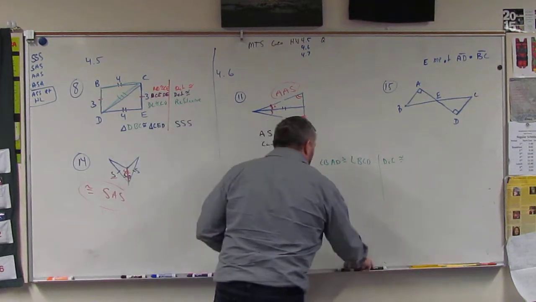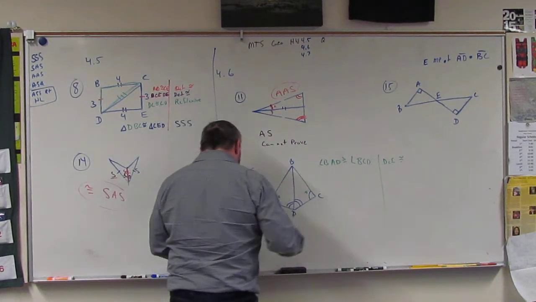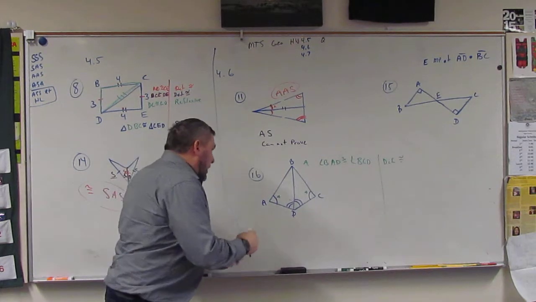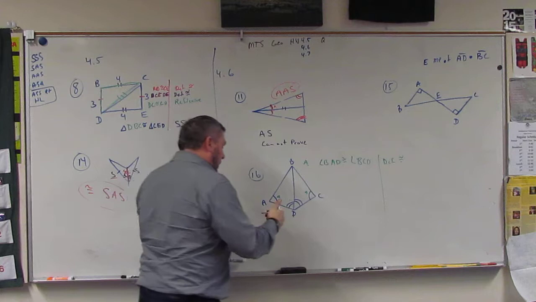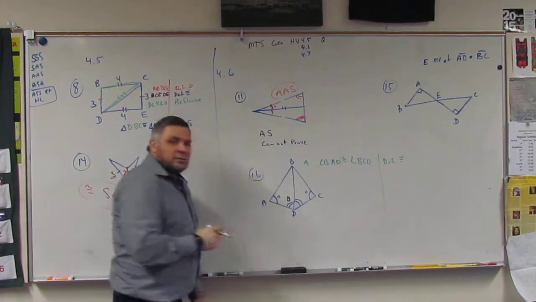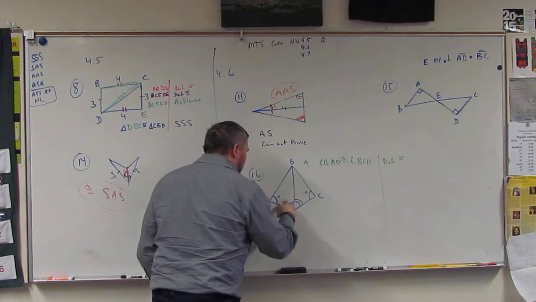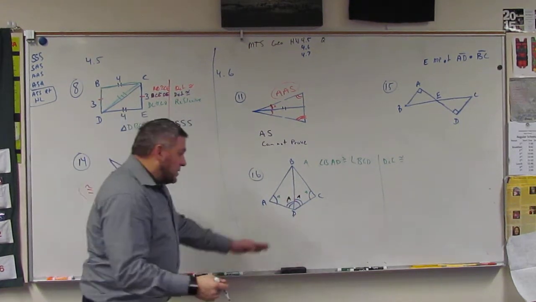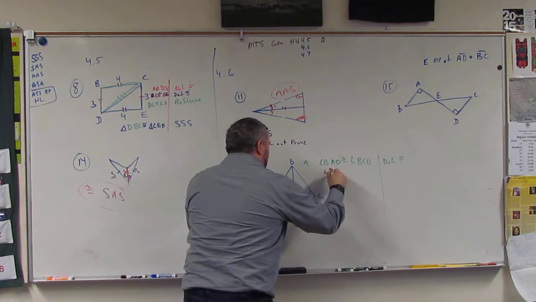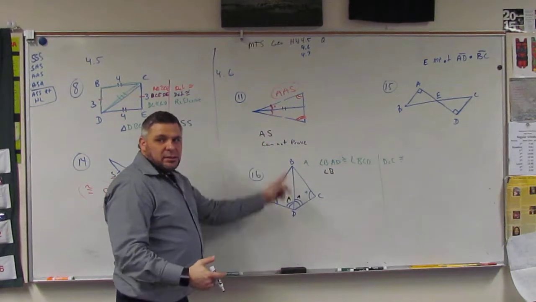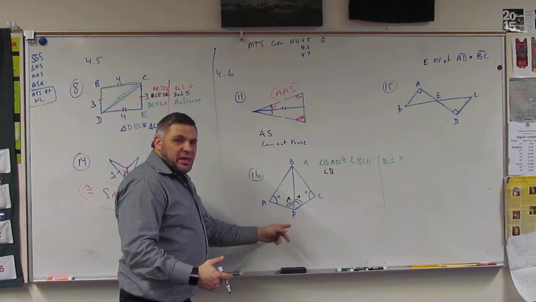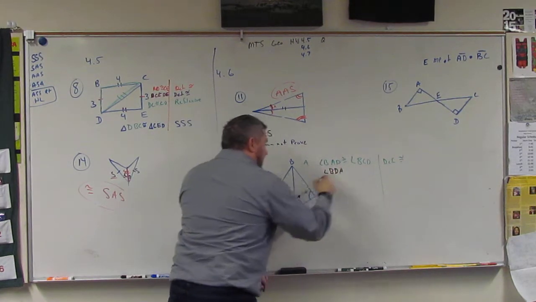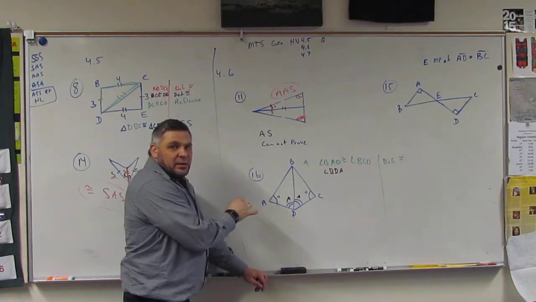Then what can you show? So we know we have an angle. Okay, what else we got? We have another angle and a side. Good. So this angle would be called what? BDA.